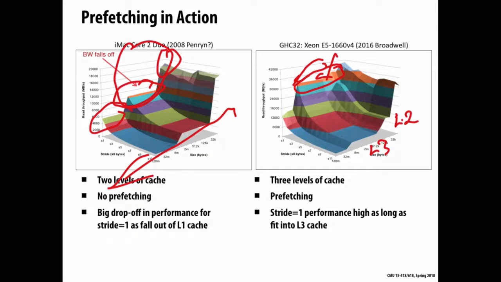The machine is seeing my pattern, and it can't improve throughput, but it can decrease latency. It can anticipate where those reads are occurring and stage them in advance from the main memory into the cache and keep it going. But you'll see that once I fall out of L3 cache, I'm in trouble again.